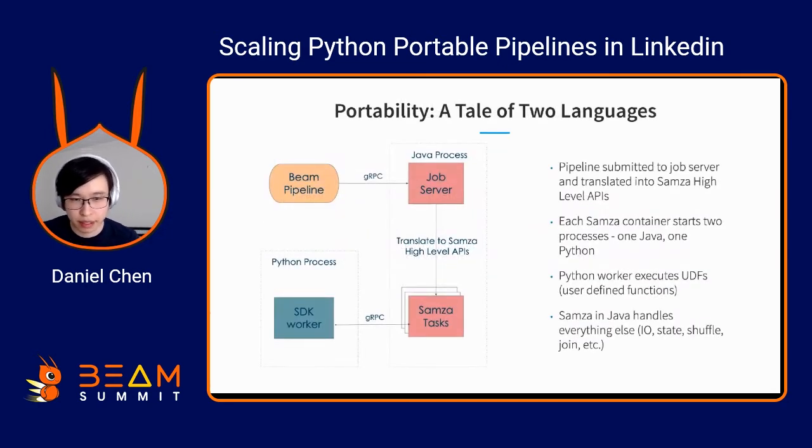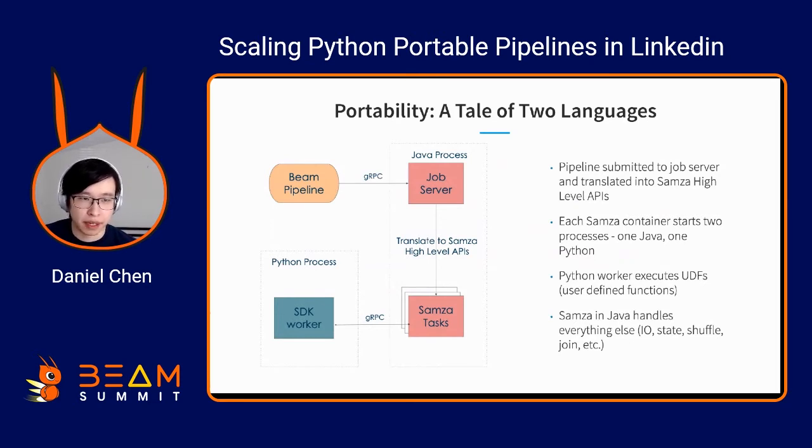So portability is really, as my co-author coined it, a tale of two languages. At the end of the day, we have two processes here, the Python and Java process, and it's all about the communication between these two processes.